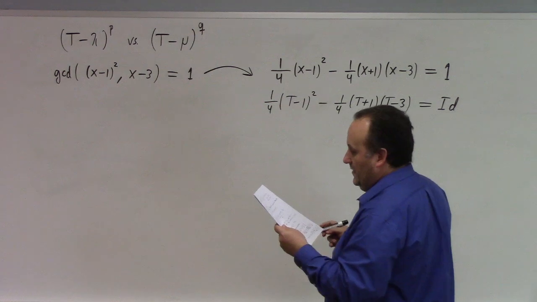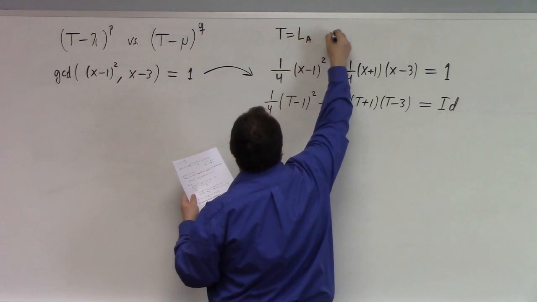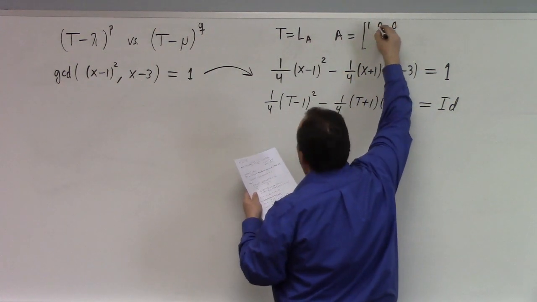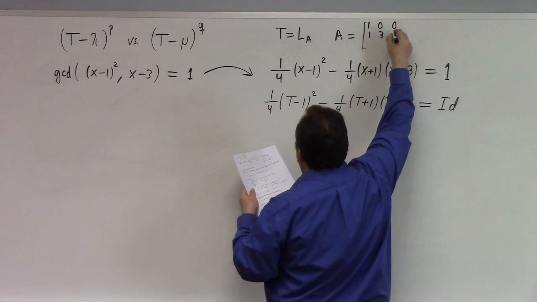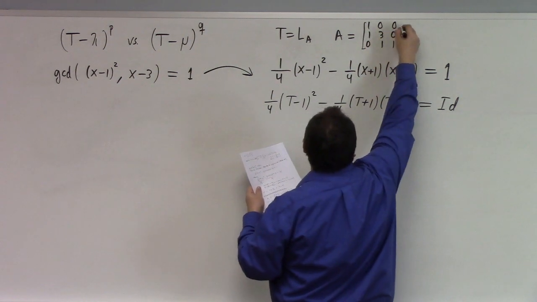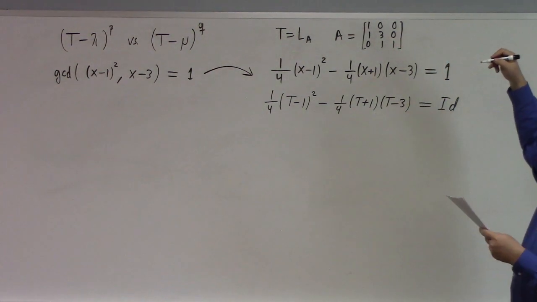Now here, let me confess, my T is equal to left multiplication by A, where A is equal to [1, 0, 0; 1, 3, 0; 0, 1, 1]. Hey, at least I'm giving this as a class example rather than a homework, right? A equals this.